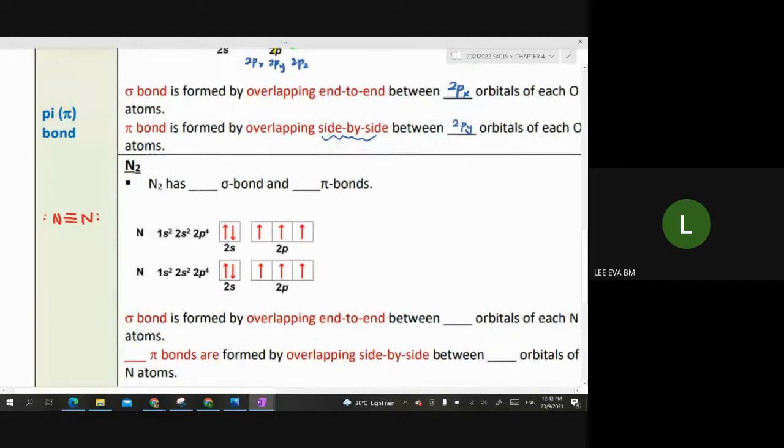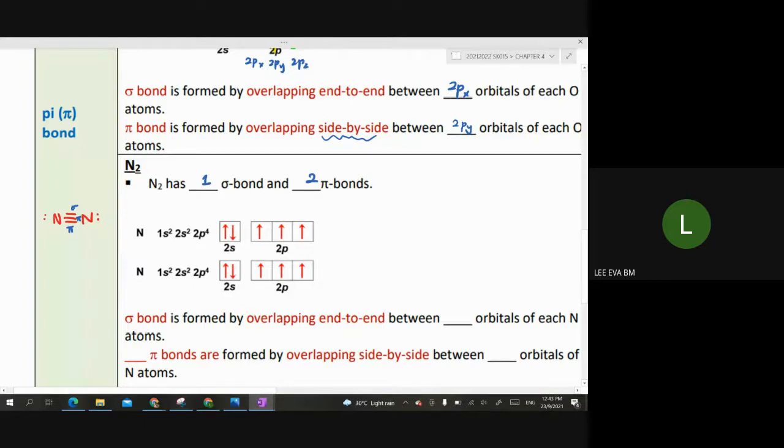Okay, inside N2 there's a triple bond. No worries. You will have one sigma, definitely. And then the second line and the third line, that means you have another 2 pi bonds. Okay, one sigma, 2 pi. Sebab dia triple bond, dia mesti ada 3 label. Okay, satu sigma dengan 2 pi.